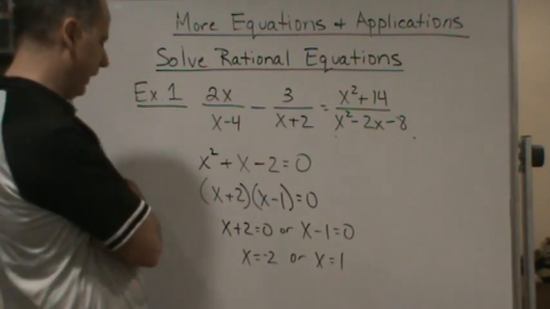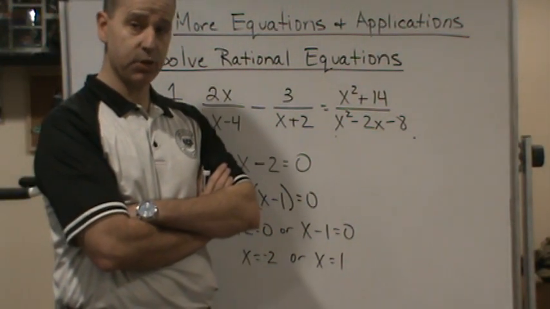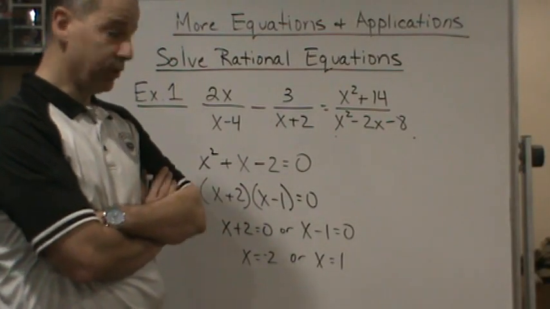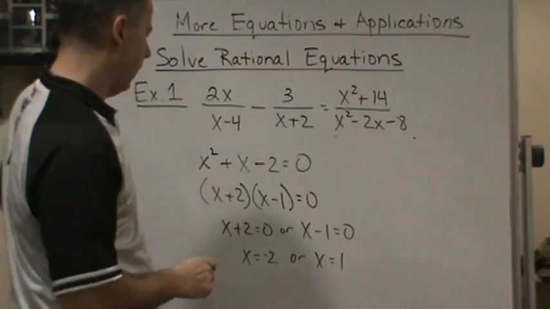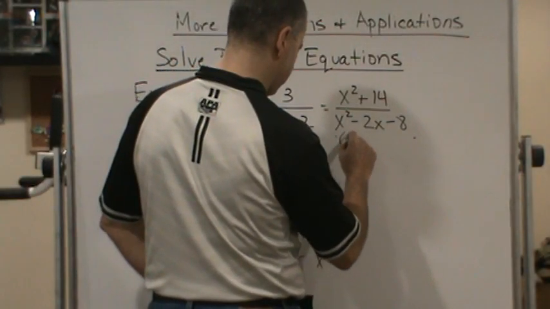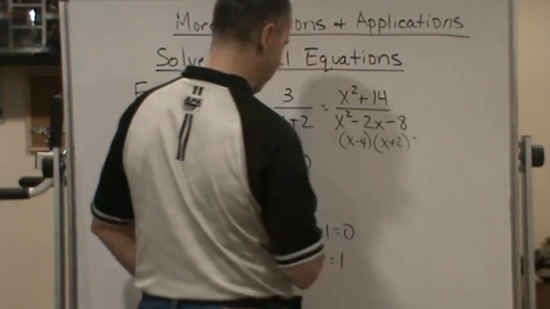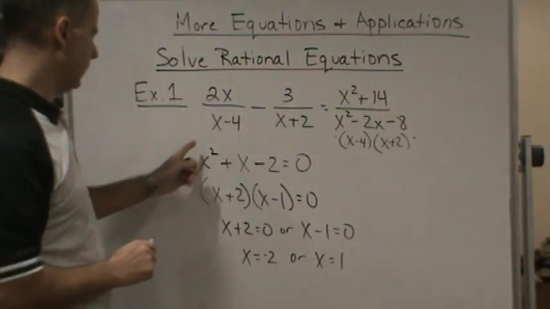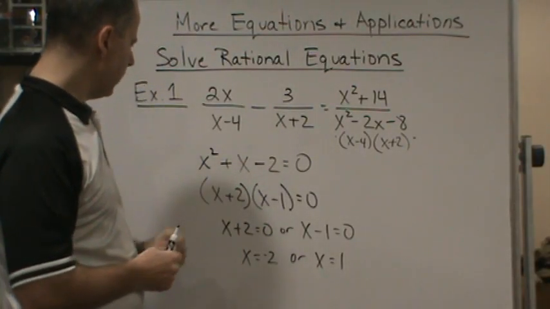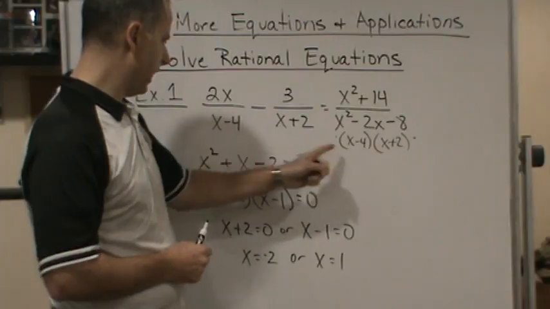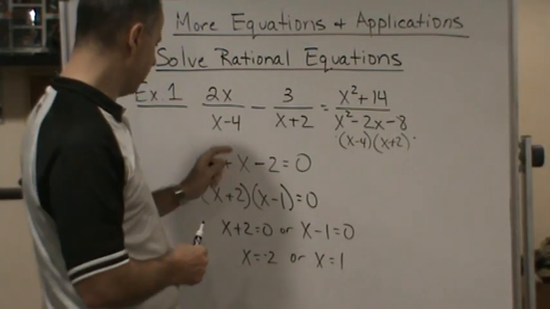Now we have to go in and check. Here's where you have to be careful. Remember, with rational expressions, they have restricted values. If we look at this original equation, which was factored into x minus 4 times x plus 2, the same as these denominators, we have a couple of restricted values.